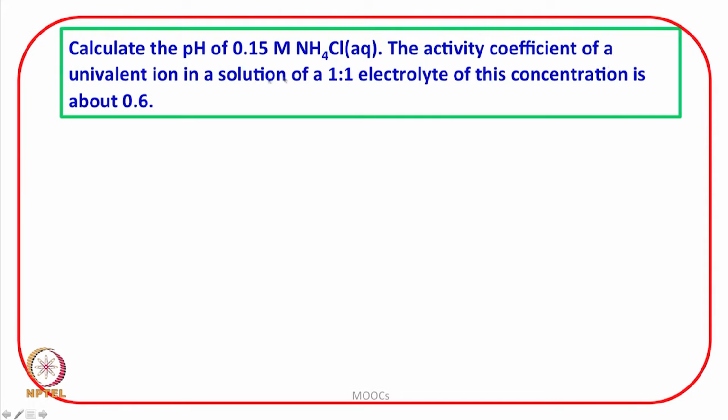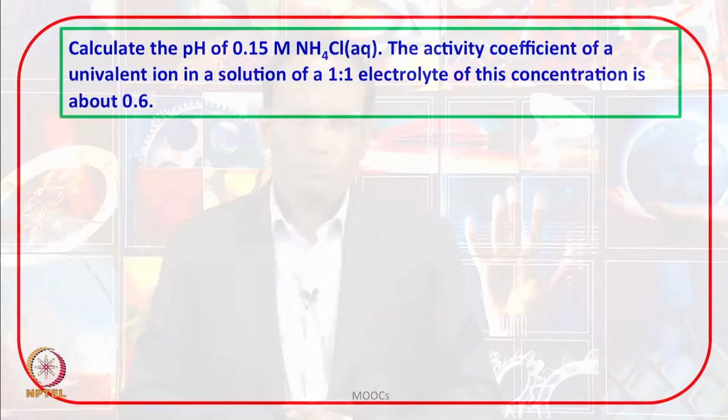The activity coefficient of a univalent ion in a solution of 1:1 electrolyte of this concentration is about 0.6. An easy question. We have to calculate the pH of ammonium chloride, and the concentration of ammonium chloride is given. In the beginning of the lecture, we defined pH as negative log base 10 activity of hydrogen ion.